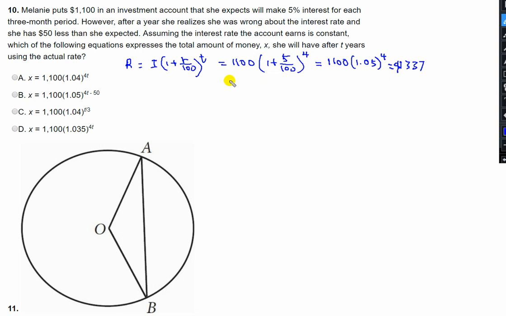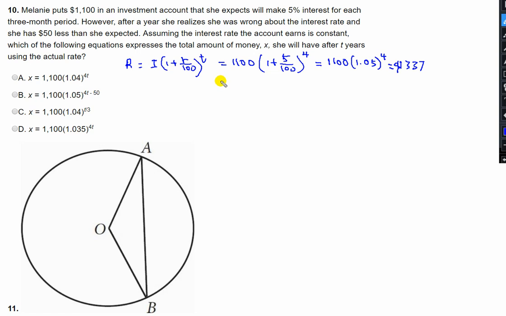Now, let's look at this statement. He said that he has 50 less than he expected. He expected 5%, but then he says in a year he got 50 less than expected. That means the return that he actually gets is this sum of money minus 50.